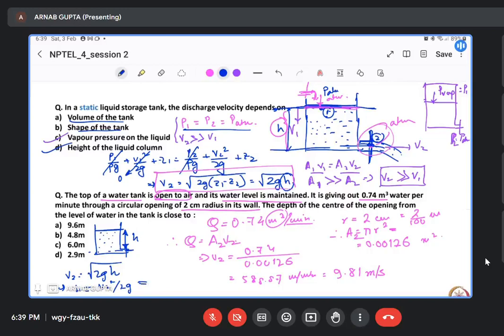So V2 square divided by, it will be approximately 4.9 or 4.8 like that meter. Okay. Are you all getting this answer or are you getting something different? Please let me know.